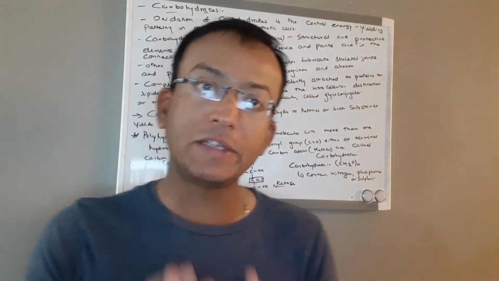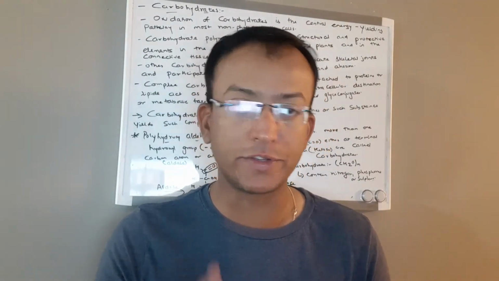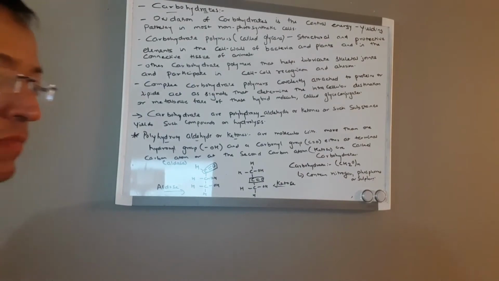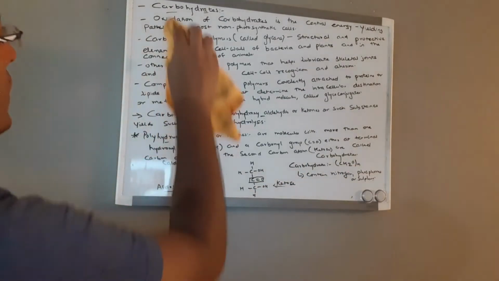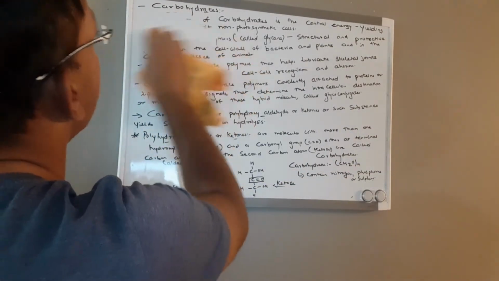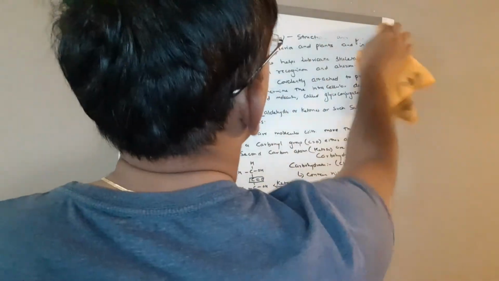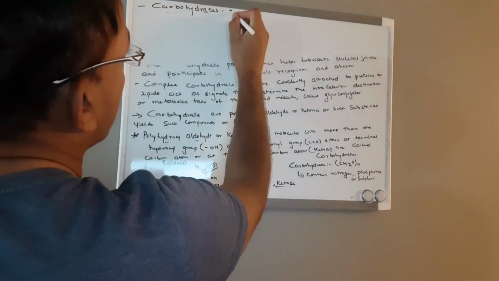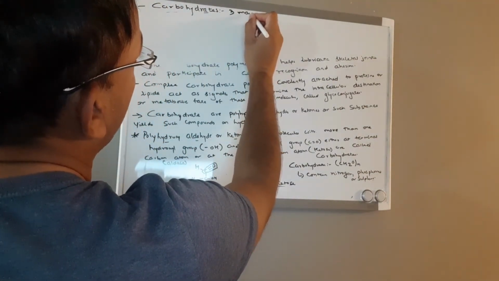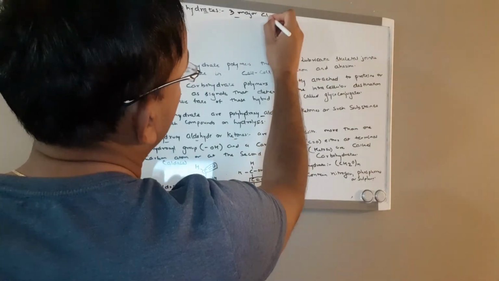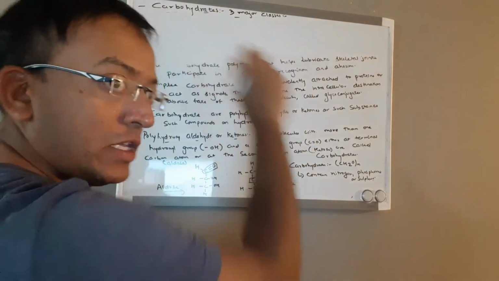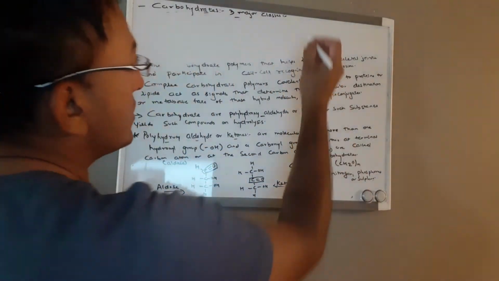So there are three major size classes of carbohydrates. Three. So we'll remove from the top. So there are three major classes, right, of the carbohydrates. So what are the three classes?